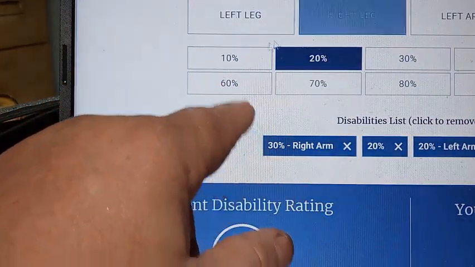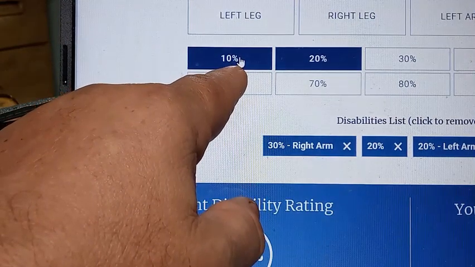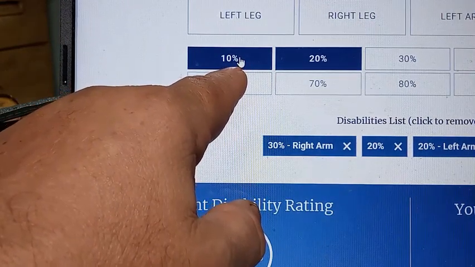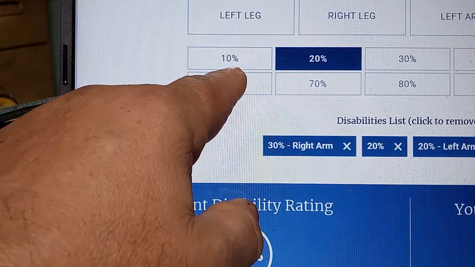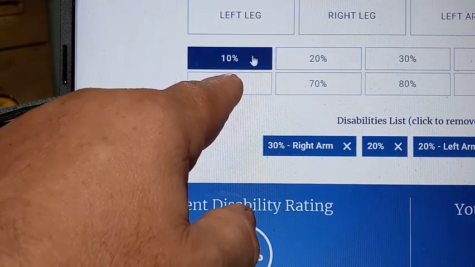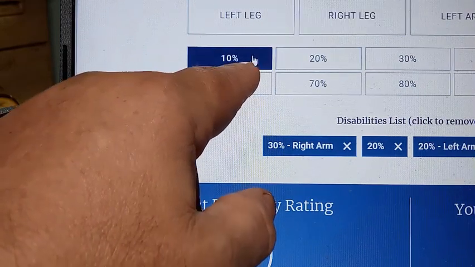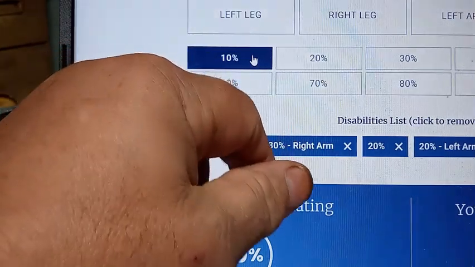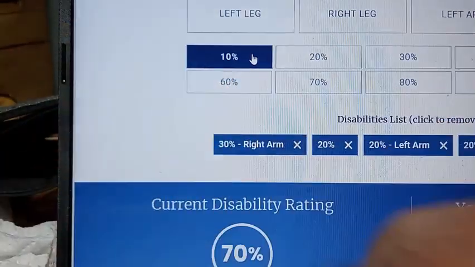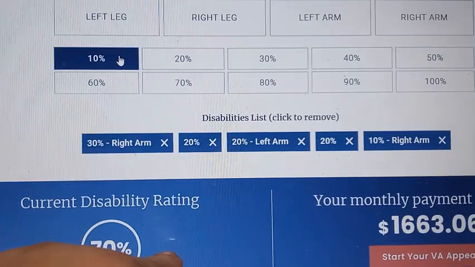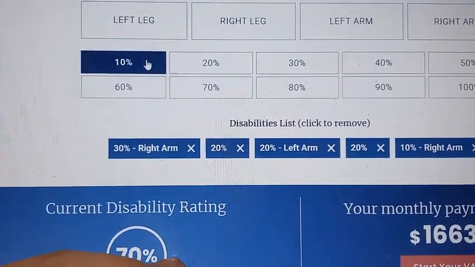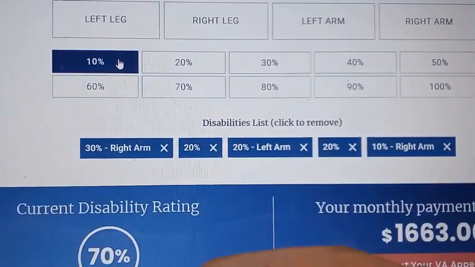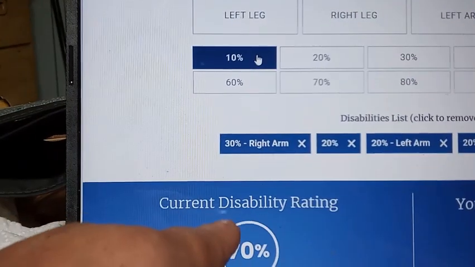I have 10% in my right elbow. So again, it doesn't increase. You will notice it's not increasing my disability rating, and it's not increasing my pay.